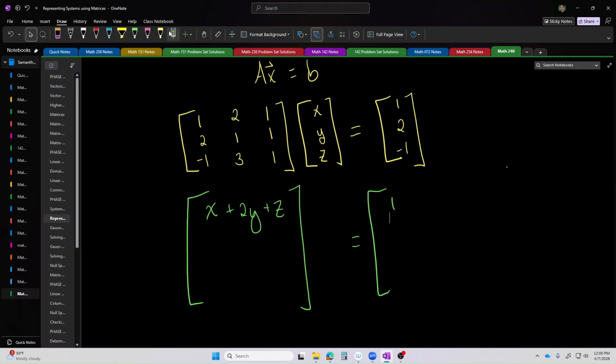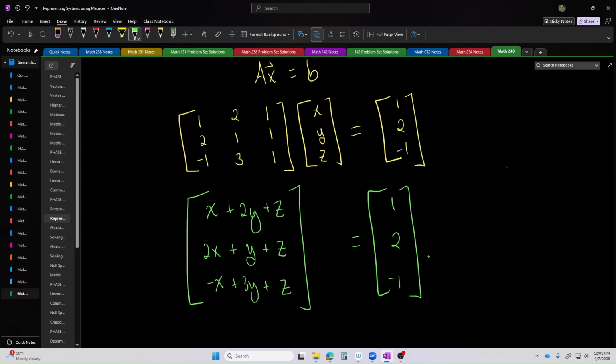If I do the second product, second row times the vector, then from that dot product calculation, I would have 2 times x plus 1 times y plus 1 times z on the left side. If I do this third row times this vector, then that dot product would give us negative x plus 3y plus 1 times z on the left.